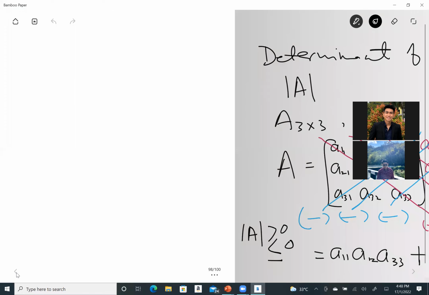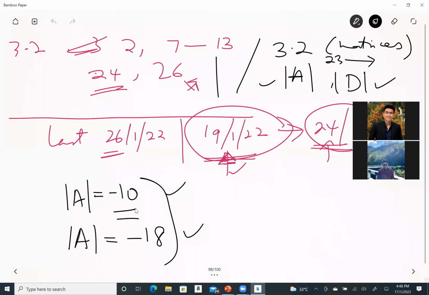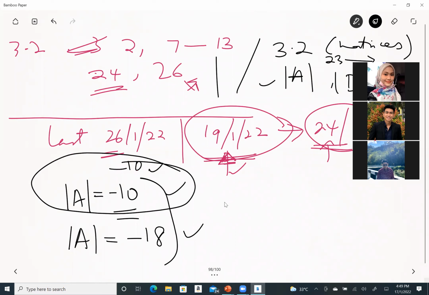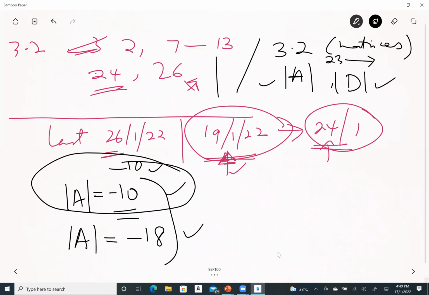Okay, negative 10. Abdullah got negative 10, now you got negative 18. Okay, somebody else. Ima, what did you get? I got negative 10. Okay, now everybody else gets negative 10. The answer, sir, will be negative 18. So more people got negative 10, your second solution negative 18. Anybody else get negative 18?